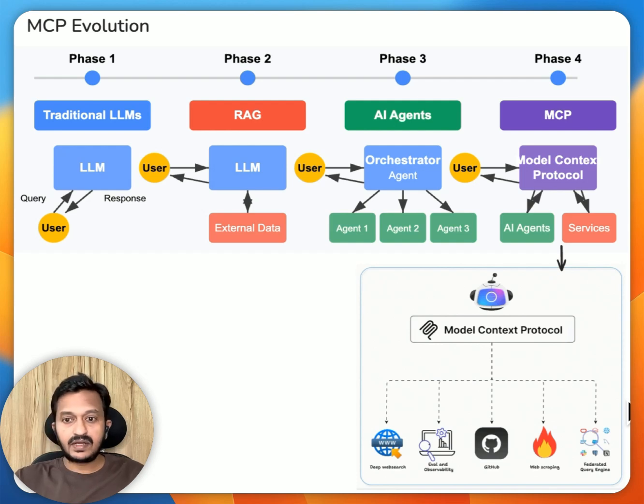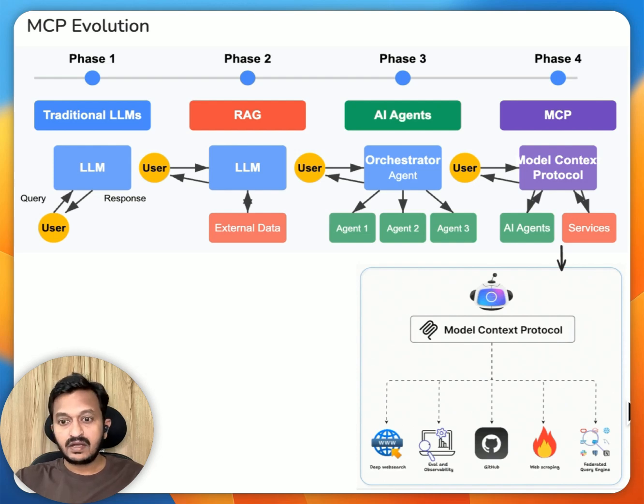And then came retrieval augmented generation, what we call RAG, where LLMs gained the ability to access external data sources. And they started responding back to the user with proper context.